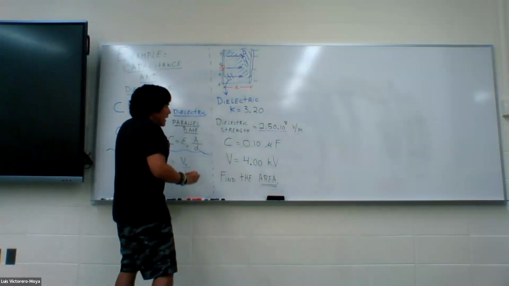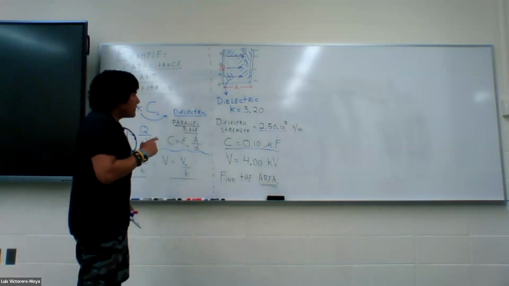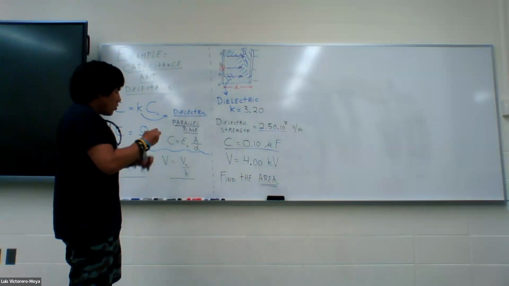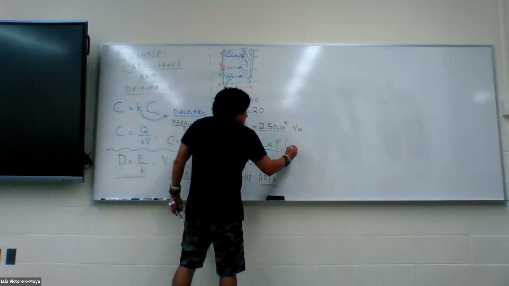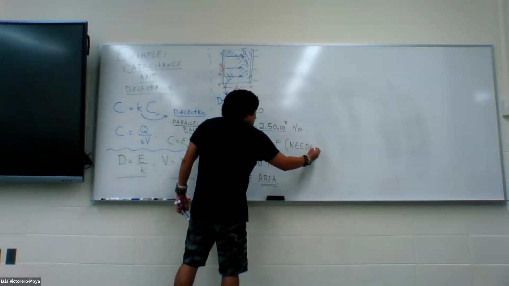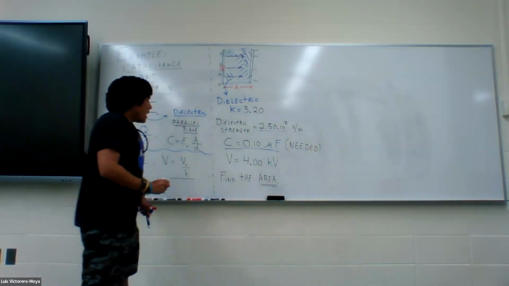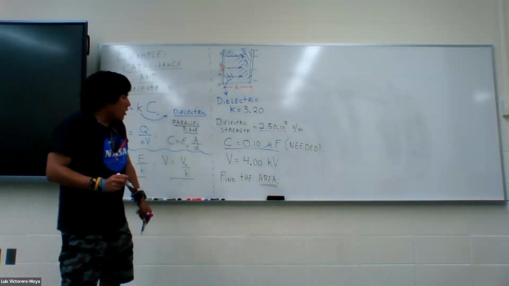You are given the capacitance. That's the capacitance you need, the needed capacitance. And you have the voltage between the plates of 4 kilovolts.